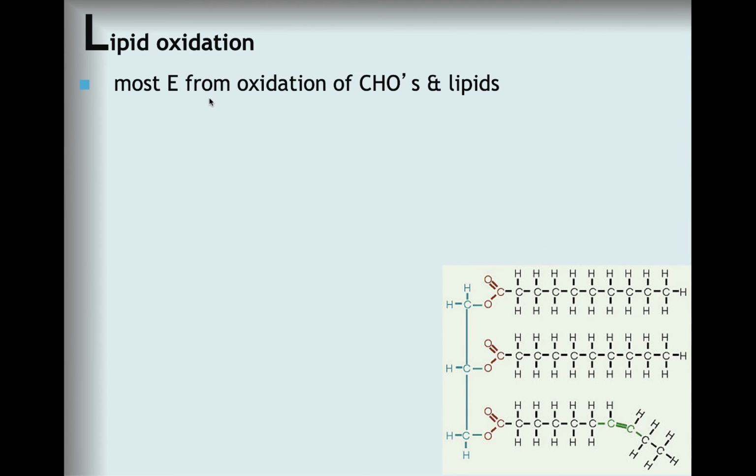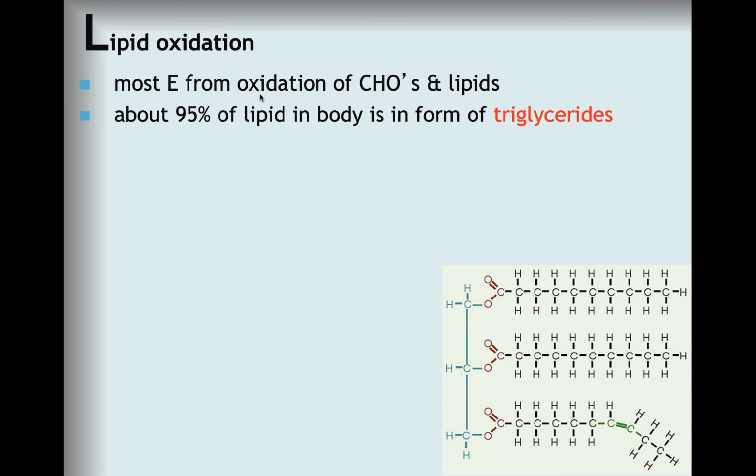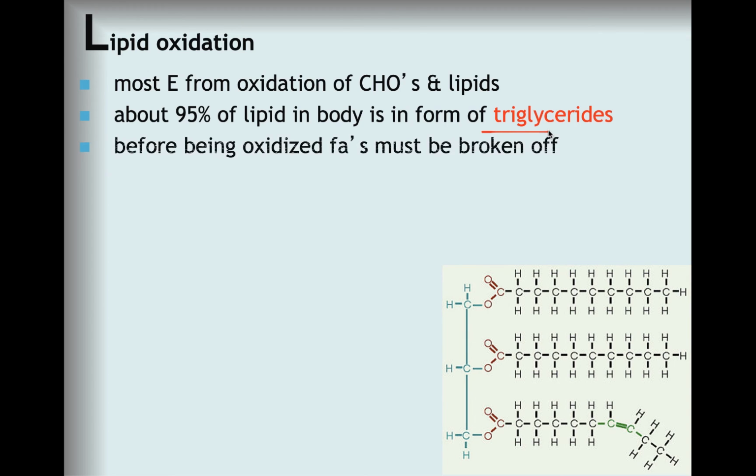Most energy comes from oxidation of carbohydrates and lipids, that's where we get the majority of our energy for resynthesis of ATP. About 95% of the lipid in your body is in the form of triglycerides. Now, you know you have cholesterol, you have phospholipids, but you have far more triglycerides, which you can see down here. There's a triglyceride. Before being oxidized, the fatty acids have to be broken off, and we do that using lipolysis.